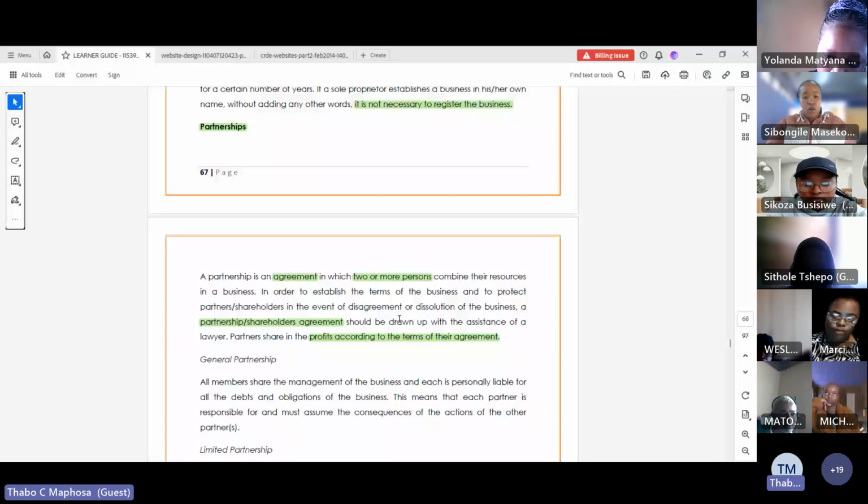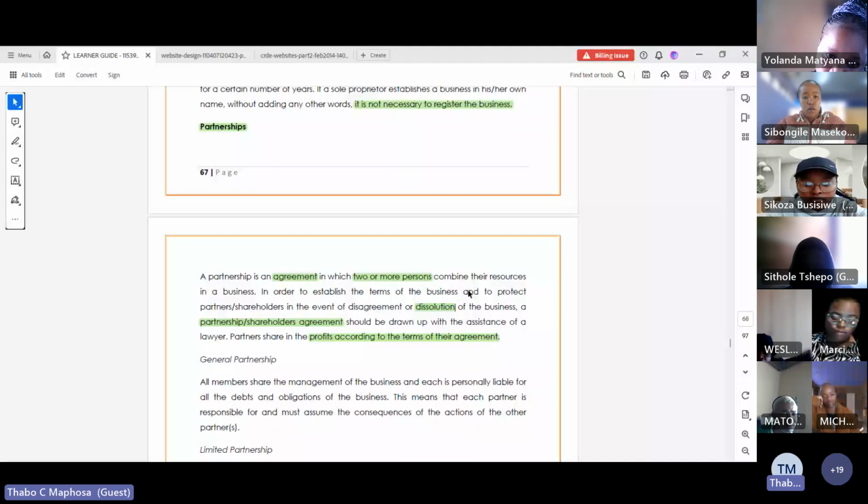This agreement here is the one that is actually going to help you solve the problems or any kind of disagreement that you guys have. And also, if you need to close down the business, that particular partnership agreement has to cover that aspect of dissolution.